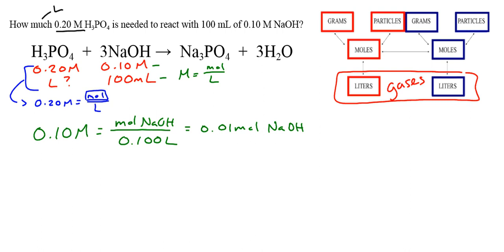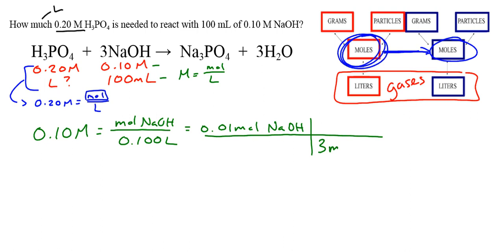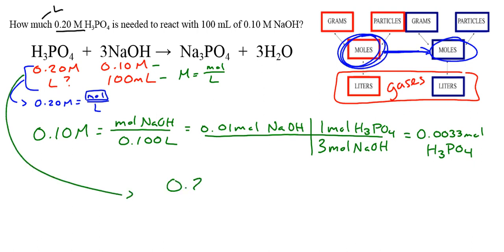So if I have moles of one thing, I can discover moles of another. So all I'm going to do in this one is simply a mole ratio. So for every 3 moles of NaOH, I have 1 mole of H3PO4. So that would be 0.0033 moles of H3PO4. Well, how does that help me? Well, now I can plug it in to my molarity expression.